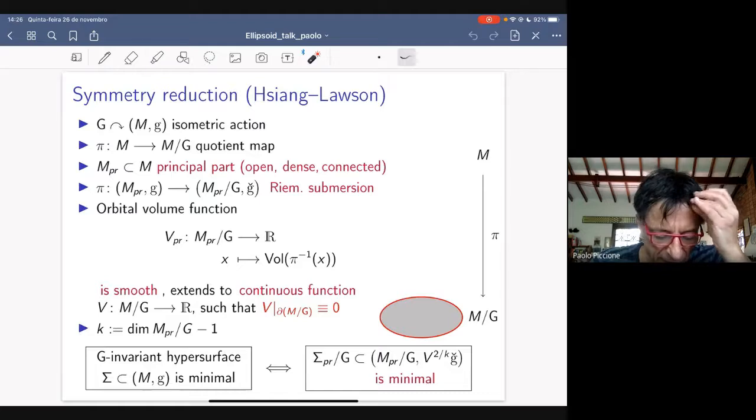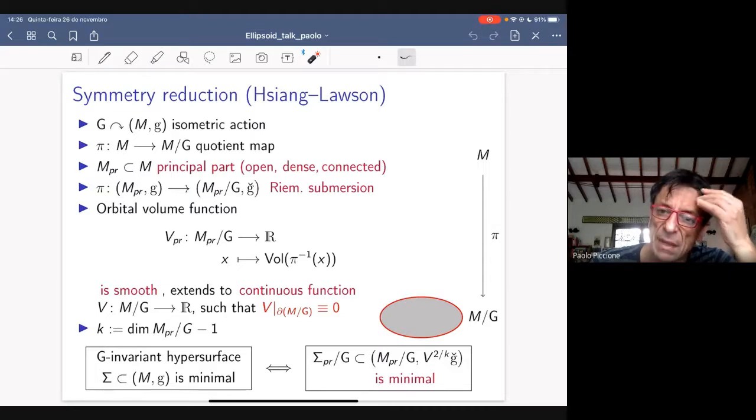You have a projection, and there's an open dense subset which consists of points whose orbit is principal. And the projection restricted to this principal part onto its image is in fact a Riemannian submersion, okay? But there are some singularities in general in this quotient, which are precisely the points whose orbit is not principal, okay?